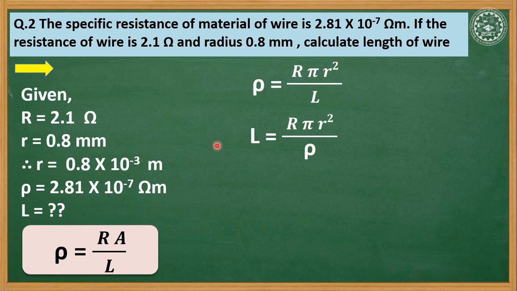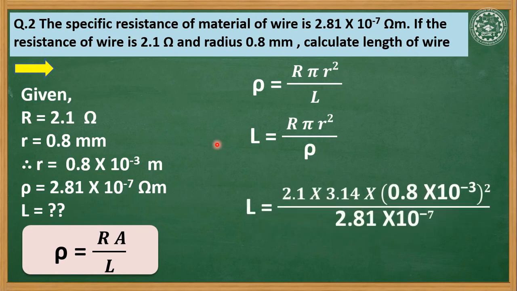Now put the values in the formula. 2.1 into 3.14 into value of radius squared divided by specific resistance, and the length of the wire comes out 15.07 meter. Simple example which will be asked maximum for 2 marks. So in this way you can solve the example.